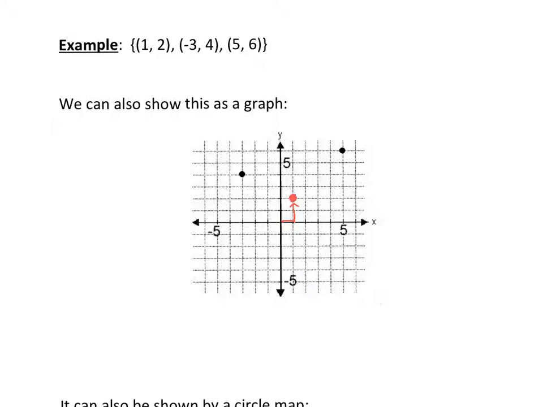For -3, 4, I go left 3 and up 4 for this point. And for 5, 6, I go right 5 and up 6 for this point. So I have the 3 points that represent the ordered pairs in my relation.